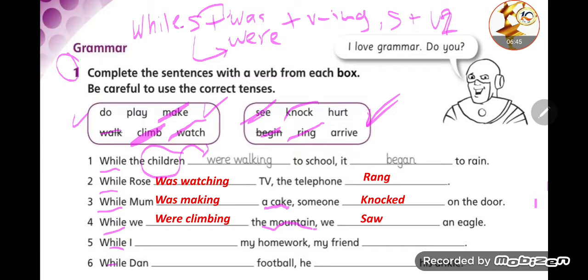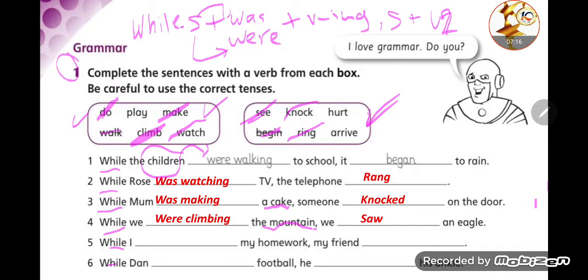While my homework, my friend. While I was doing my homework, my friend, what did my friend do to me? Oh, I'm sorry, I messed up here. I really messed up. Okay, here.